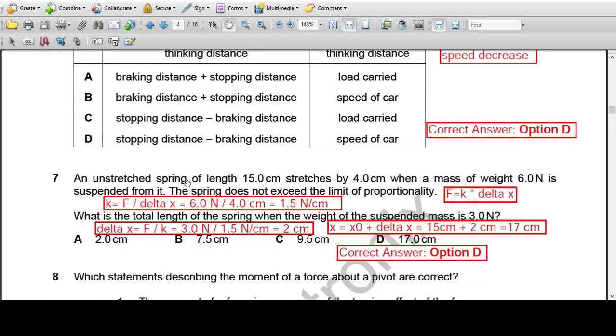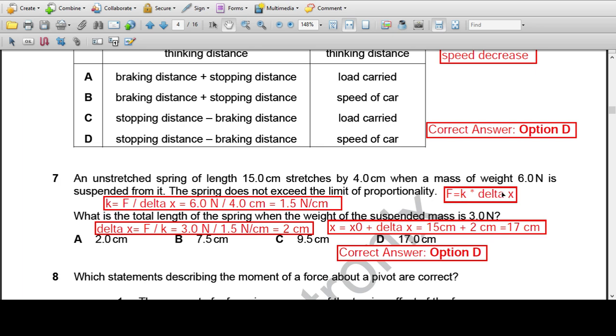An unstretched spring of length 15 cm stretches by 4 cm when a mass of weight 6 Newton is suspended from it. So when a mass is suspended, the change in length is 4 cm, and so F is equal to K into delta x.